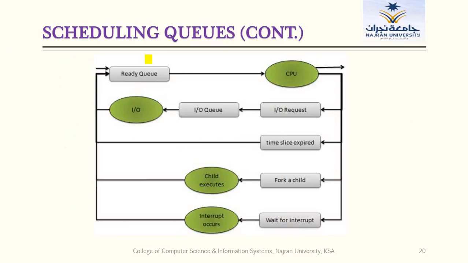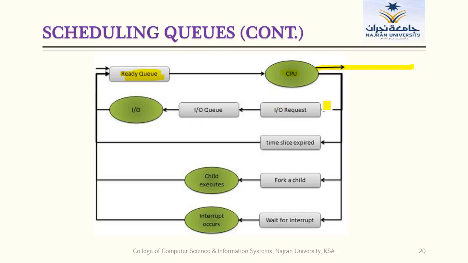Now next, if you see this figure, the process is available in the ready queue, and when the scheduler moves this process to the CPU for execution, we have some possibilities. Maybe it finishes its work and exits, terminates.